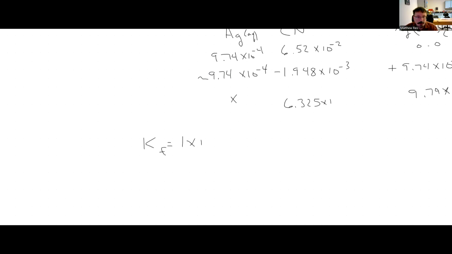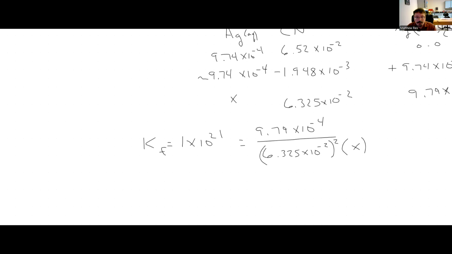And that's going to equal our products, in this case the silver cyanide complex, over our reactants. That'll be the CN minus, and we need 2 of those, so that should be squared, and then our silver, which is just going to be X. So if I carry this out, what do I get?